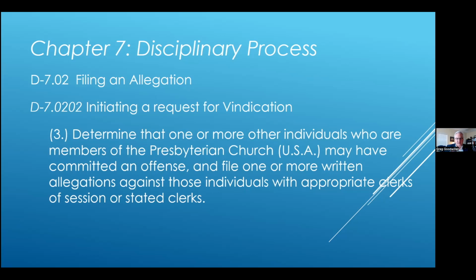So it's not that they file charges and that they're the prosecuting committee, it's that they may make allegations which are filed with the appropriate person, because this may be a minister, so it's starting at the presbytery level, but the people against whom allegations are made may be church members of the church they serve or some other church. In which case they would file written allegations to the appropriate clerks for those individuals.